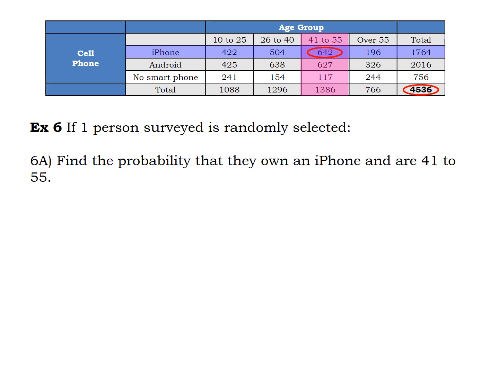Out of those, how many do what we want? And the answer is 642. So the probability is simply 642 out of 4,536. Because in this case, I could easily count. So often when we have these two-way tables, right, the probability of being in a particular row and a particular column is an easy counting problem.